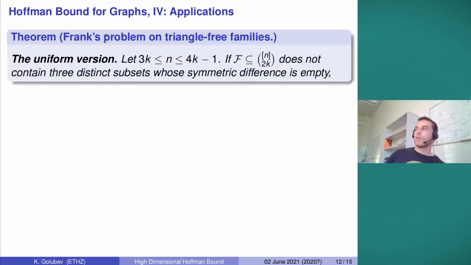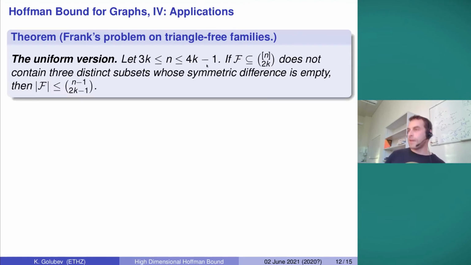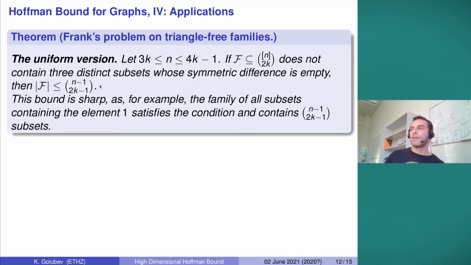Imagine your n is within this range, and you want to know what is the largest size of a family such that it does not contain 3 distinct subsets whose symmetric difference is empty. Then the family is at most of size n-1 choose 2k-1. And again, it is sharp because you can choose a family containing a fixed element.